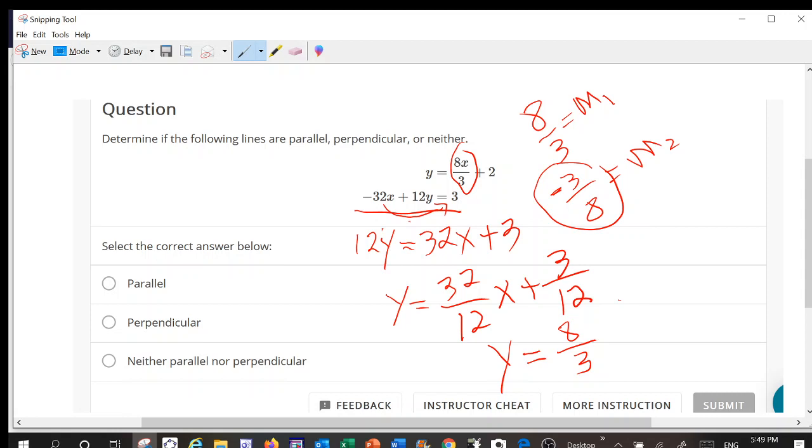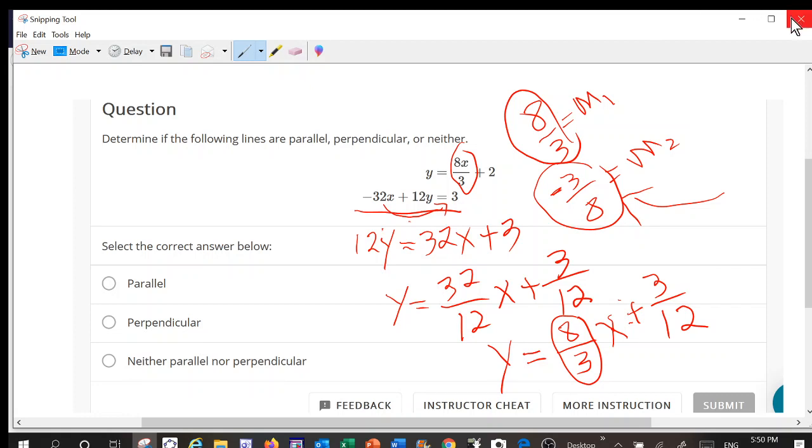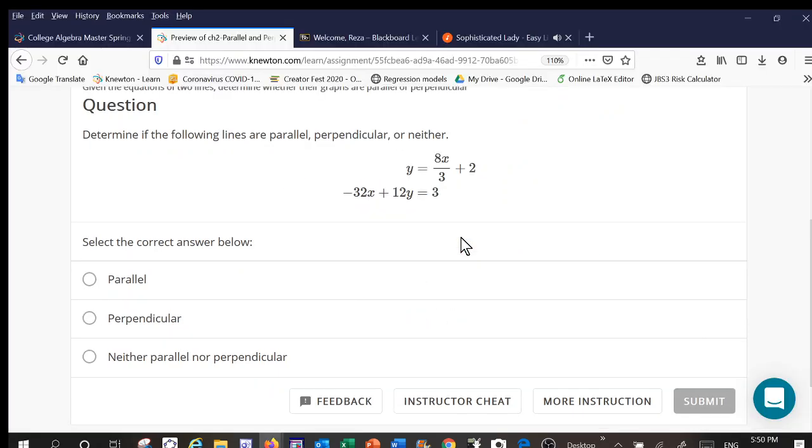So it looks like the slope of this line is actually the same as that one. It's 8/3, so that means they're parallel. Now, if we found that the slope was negative 3/8, then they would be perpendicular. If not, neither. So in this case, the lines are parallel.